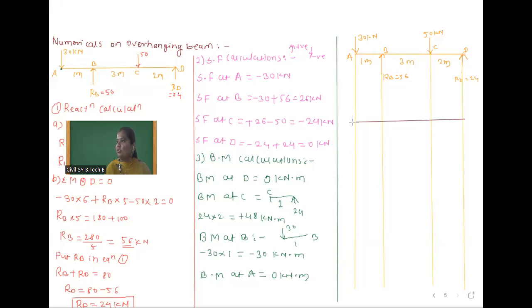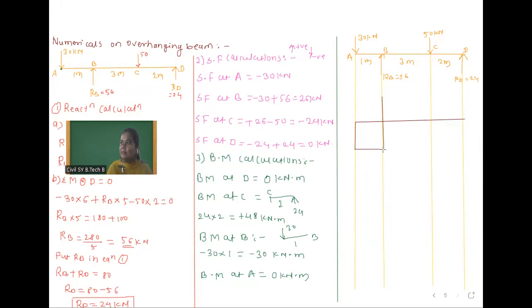So we will have to start from below. Minus 30. After that, up to B there is no force, so it's constant. After that, shear force at B is how much? 26, but plus or minus? Plus. That means this shear force diagram goes above baseline.